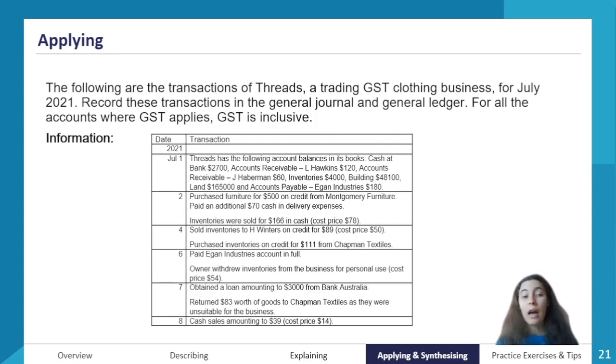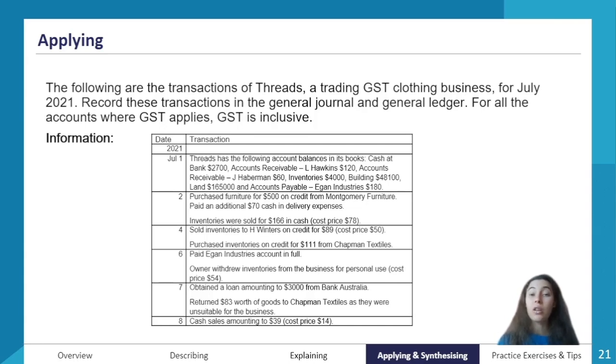So for all the accounts where GST applies, we're told here that GST is inclusive. So it's really important to take note when your instructions give you information about GST, because this does determine what you do to calculate the GST component when you're doing your transactions.